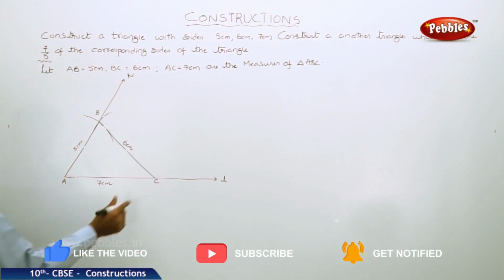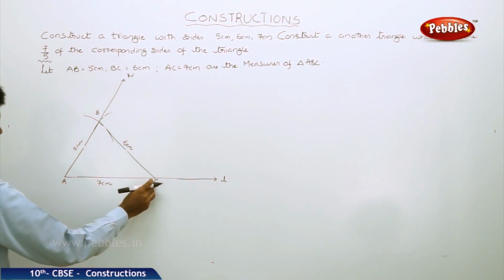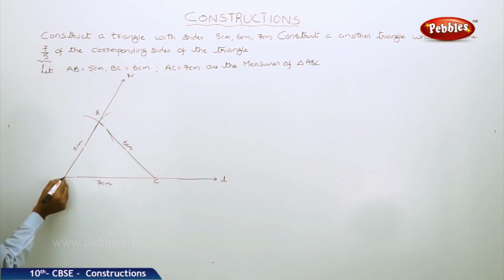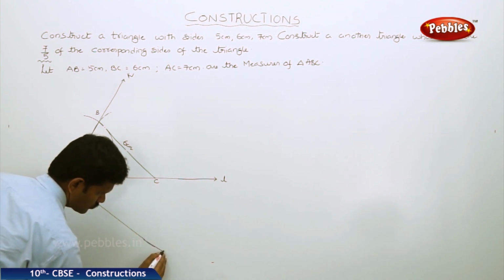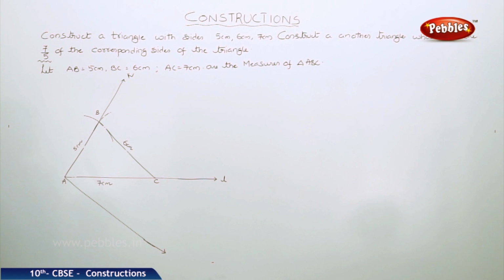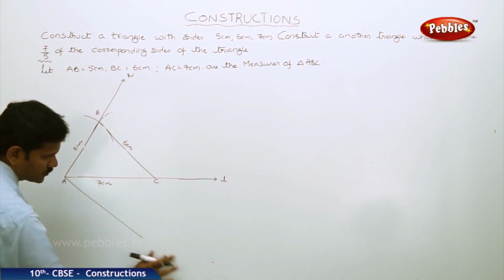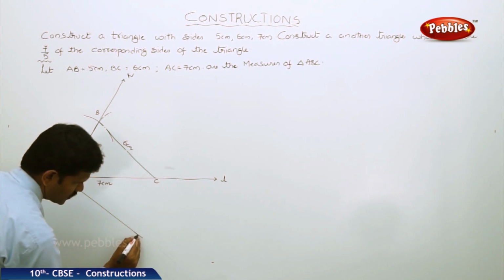Now draw an acute angle CAX. Divide acute angle CAX.